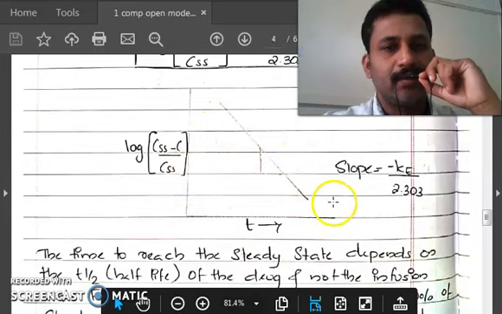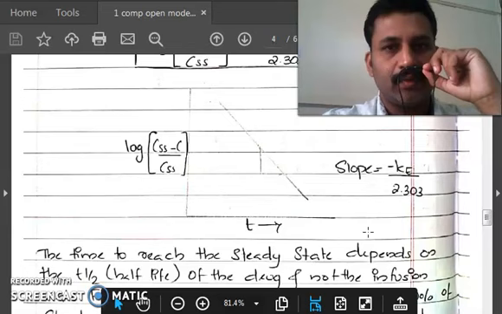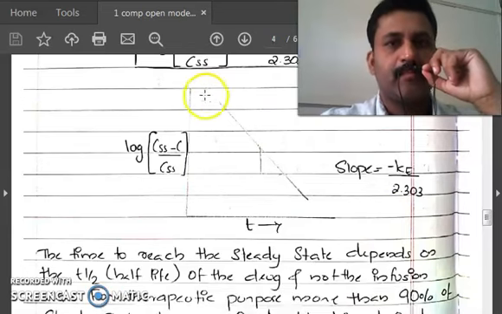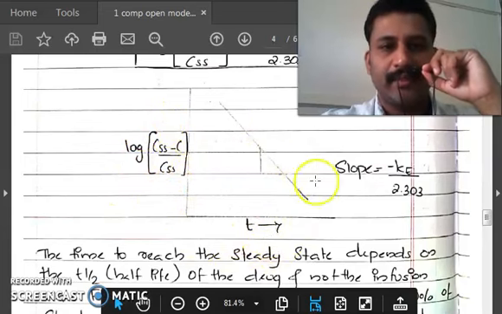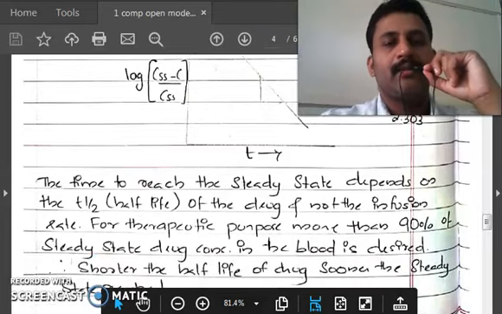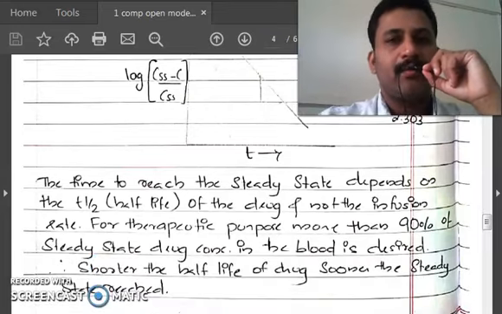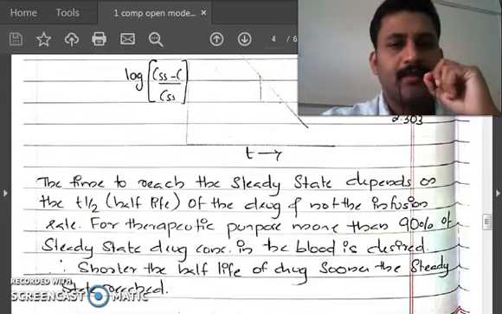This is the alternative method, where you collect the data from the start of infusion up to steady state. So that's the two methods to find the elimination rate constant. If you know the elimination rate constant, you can find the half-life.